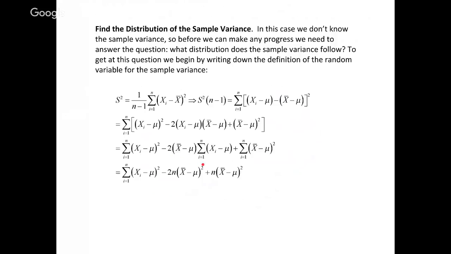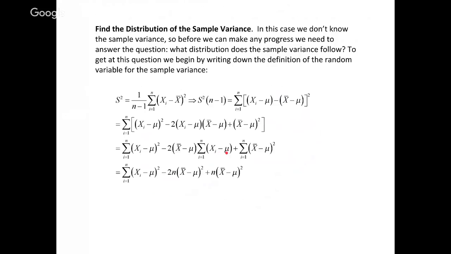The next thing we can notice is that when we distribute the sum between these two terms, we have the sum of the random variable xi, which is just going to be n times the random variable for the sample mean.